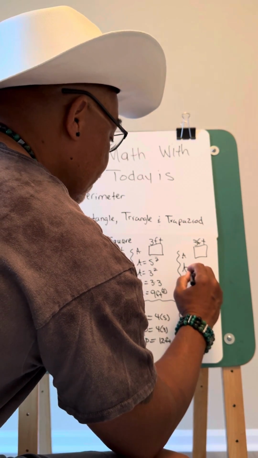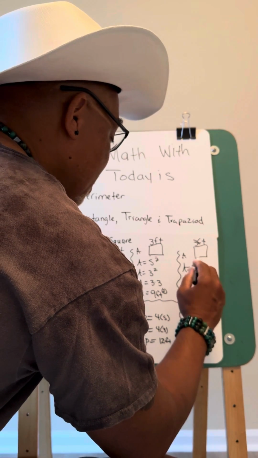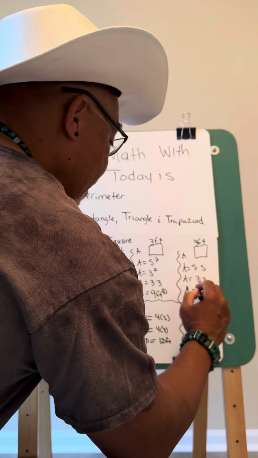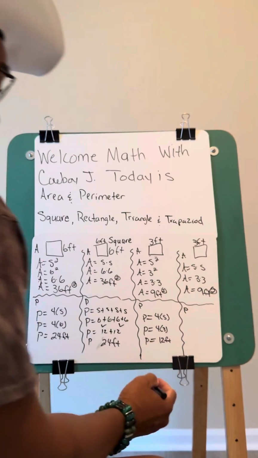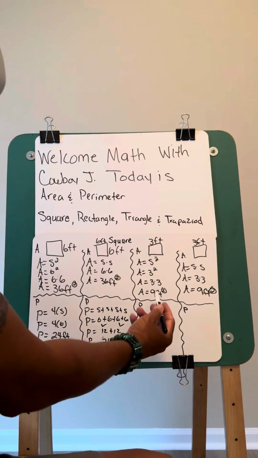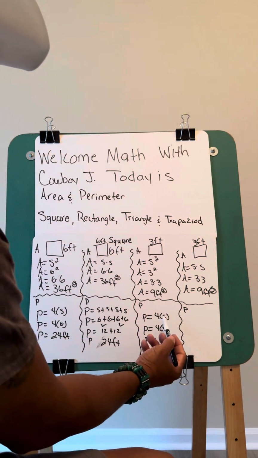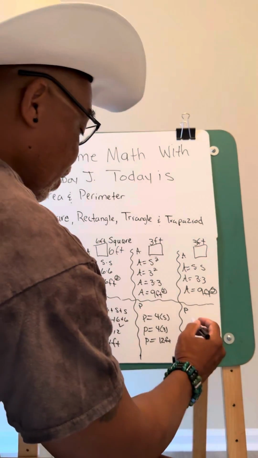And again, you can go A equals S times S. A equals 3 times 3. A equals 9 feet squared. And again, the reason why the 4 doesn't change is because the square has 4 sides. The only thing that will change is the number they use for the side of the square.